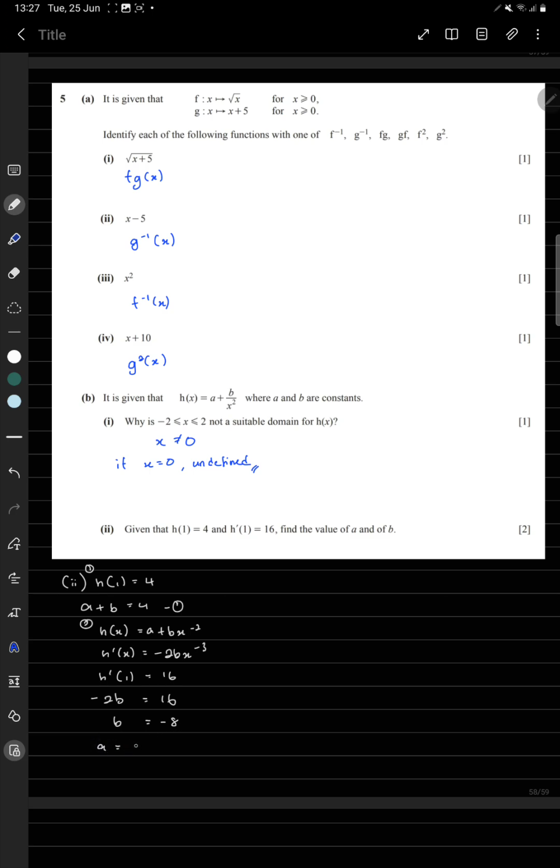Then that leaves a equals 4 minus b, negative times negative is positive, so a equals 4 plus 8, so a is equal to 12. So finalizing, you have a is equal to 12, b is equal to negative 8.